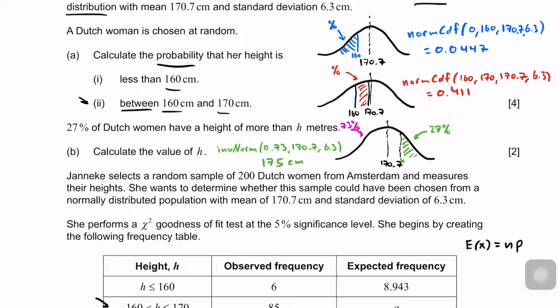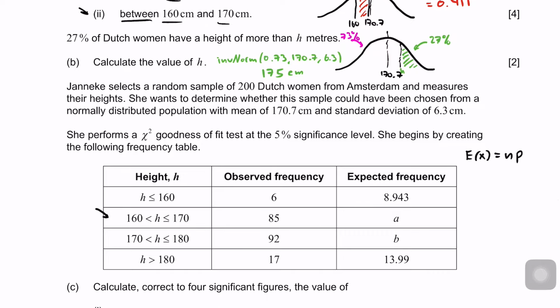Here we are. This is 0.411, or roughly 41% of Dutch women we would expect to be between 160 and 170. So using this formula right here of expected frequency, we have in this case 200 Dutch women, and we would expect 0.411, or roughly 41% of them, to be between 160 and 170.